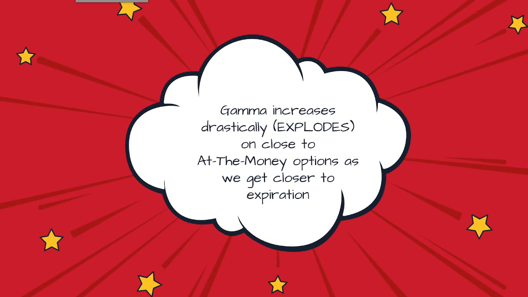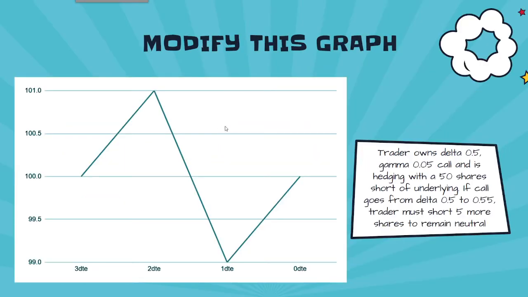So when your delta is moving so much, how do we hedge that? Well, let's go over an example, from the perspective of the market maker or the institutional trader. If a trader owns a delta 0.5, gamma 0.05 call option, that means they are hedging with 50 shares short of the underlying.